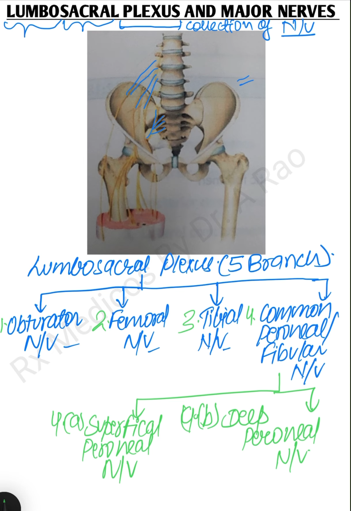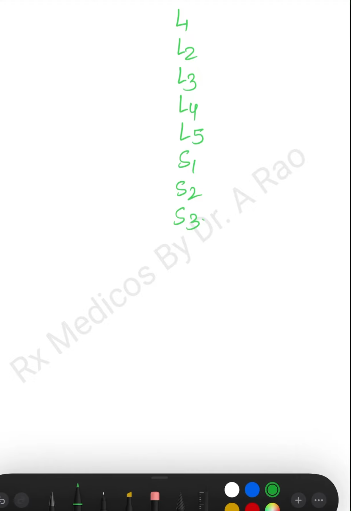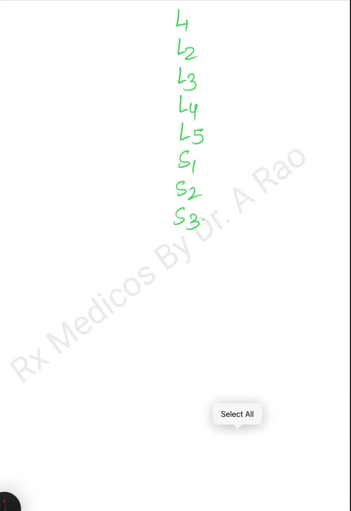We have seen that they arise from the lumbar region and the sacral region; now we will see from which root values they arise. We have 5 lumbar vertebrae: L1, L2, L3, L4 and L5, and S1, S2 and S3, and in both we have the anterior division and the posterior division.